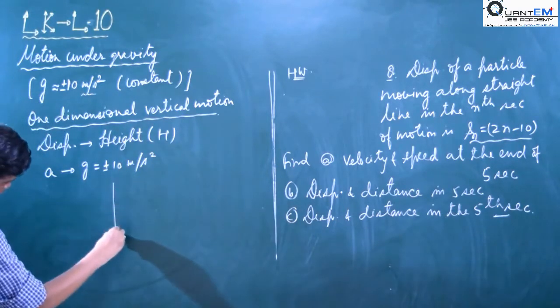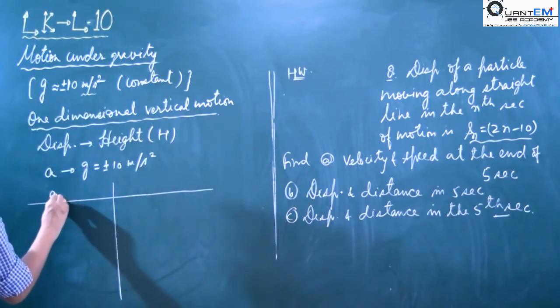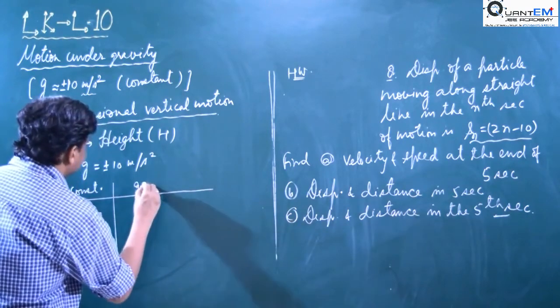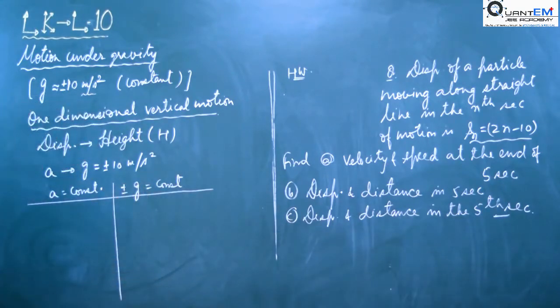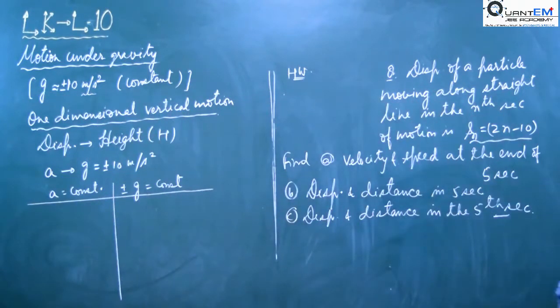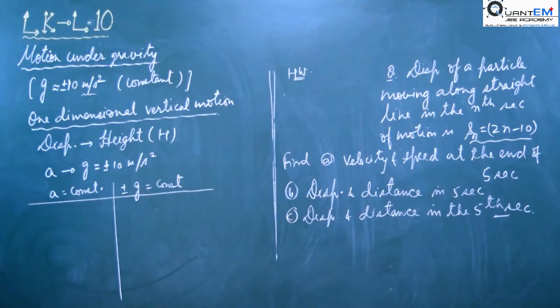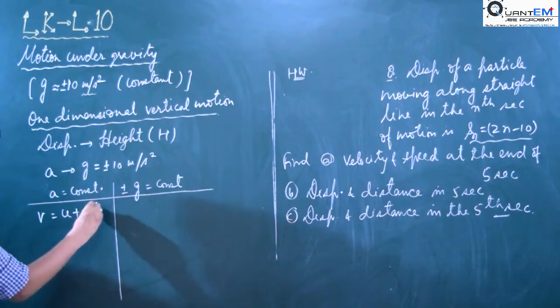So if a is constant, and in place of a we have g is equal to constant, but g has a positive or negative sign. Then if a is constant, you use the formula v is equal to u plus at.